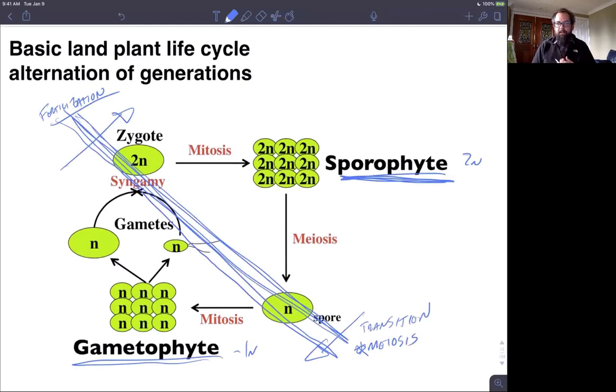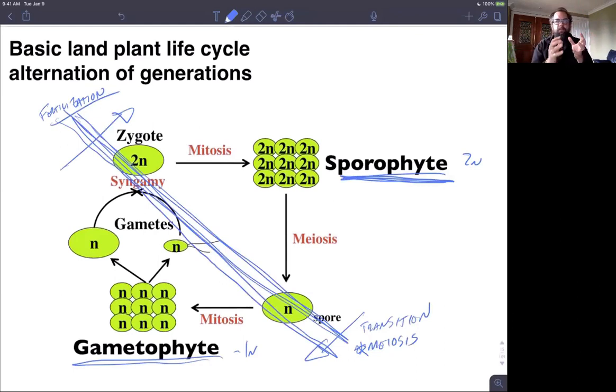And so the way that I like to think about this is, if we just think back to humans, the gametes that I produce are sperm. And think about this as these sperm are put out into the environment, they actually multiply into a multicellular organism that then produces single cells themselves, their own gametes, that then fuse with an egg cell to produce a zygote.